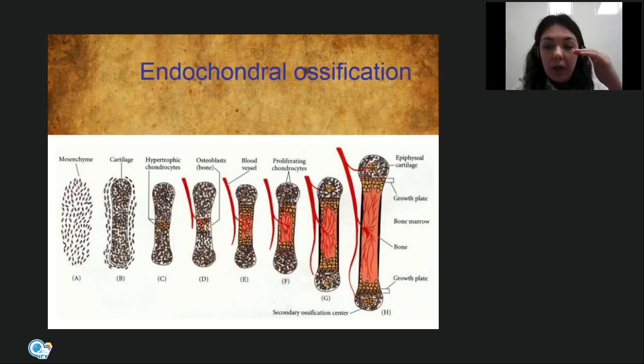And these chondrocytes are displaced towards the metaphysis and epiphysis of the bone.